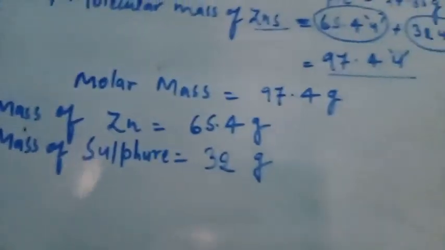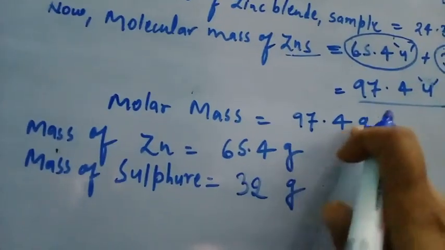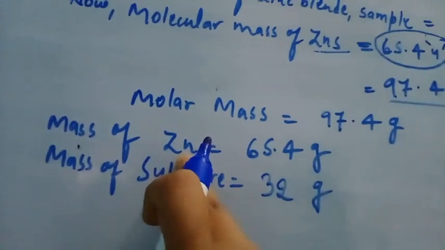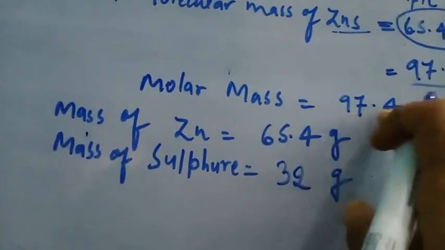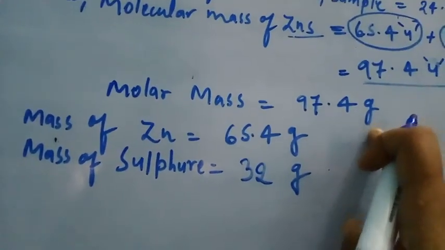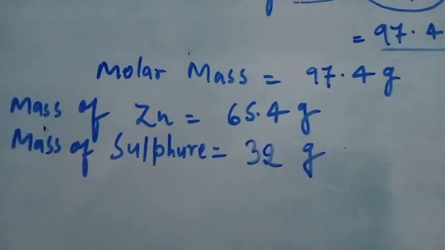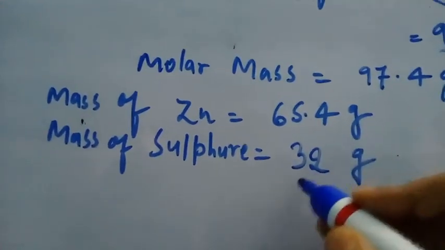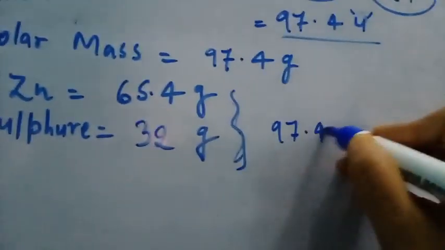We have the molar mass of zinc blend, 97.4 gram. In that, 65.4 gram of zinc is present and 32 gram of sulfur is present. When you add these two, you get 97.4 gram.